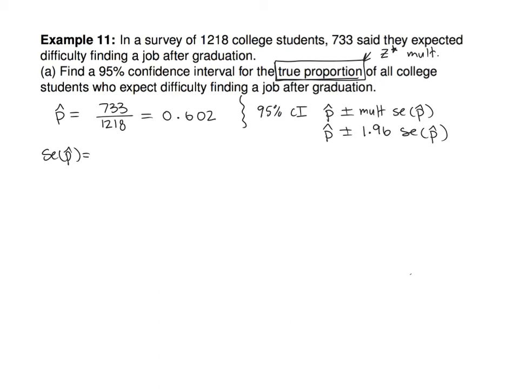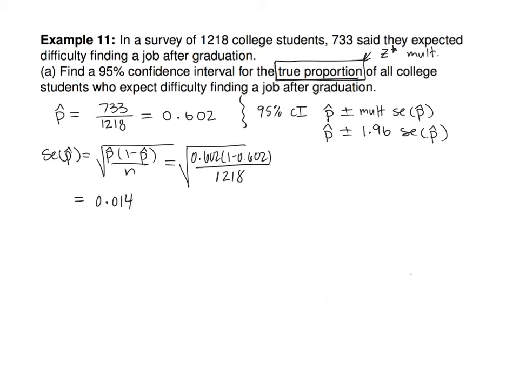Okay, standard error of p hat will be square root of p hat times 1 minus p hat over n. So root 0.602 times 1 minus 0.602, divided by 1,218, which comes out to be 0.014.